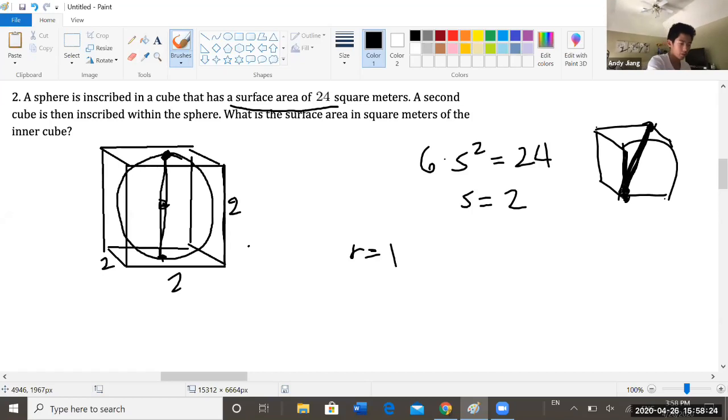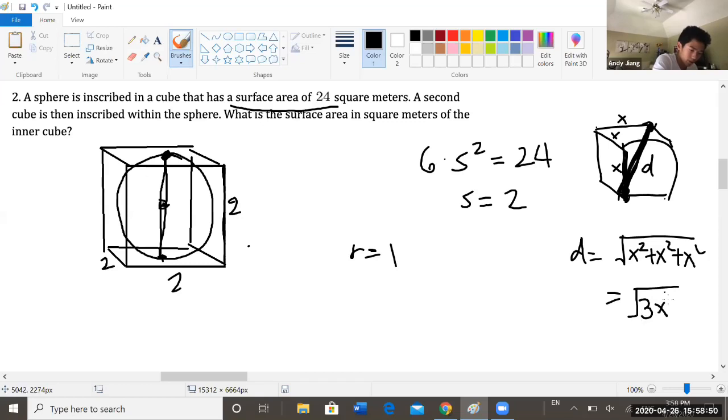To find the length of this space diagonal, I can use the Pythagorean theorem for 3D shapes. So I'll let this side length of the cube be x. Then this distance d equals the square root of x squared plus x squared plus x squared, which is root 3x squared, which is root 3 times x.